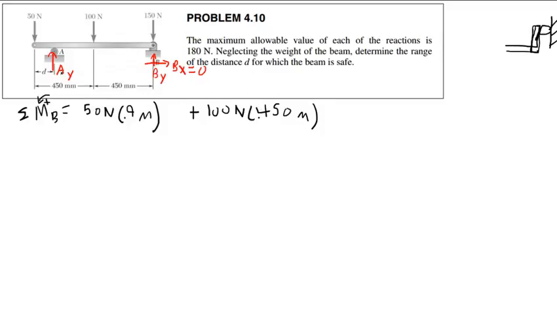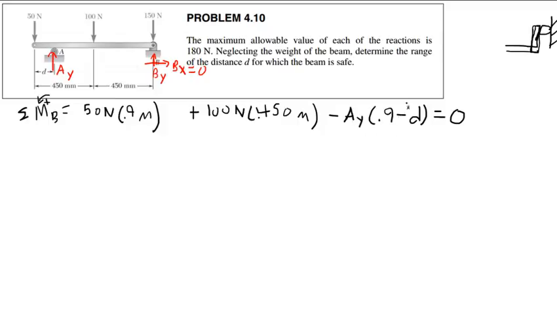Then I simply have minus AY times a distance of 0.9 minus d, and all of this is equal to 0. So, questions on how I got this? It's the negative AY times 0.9 minus d.